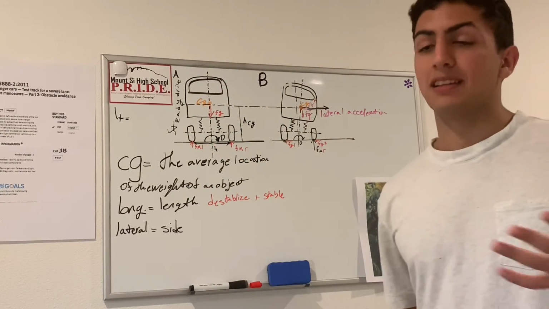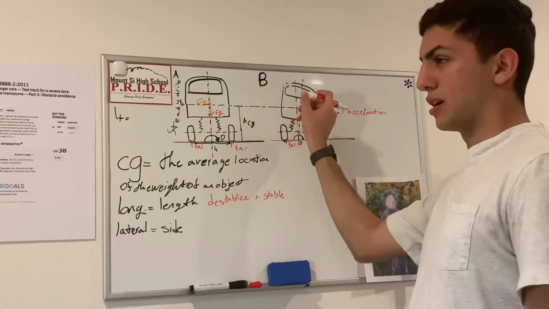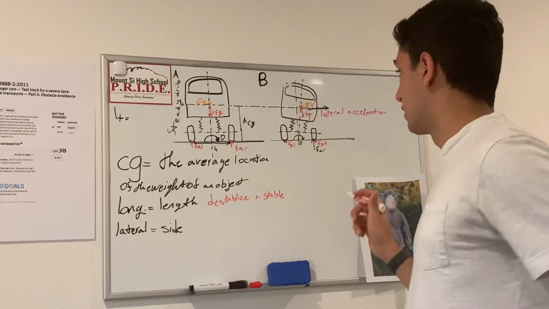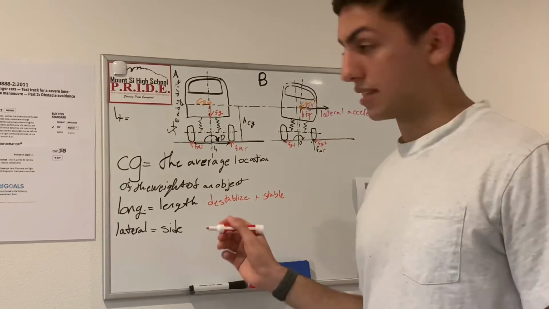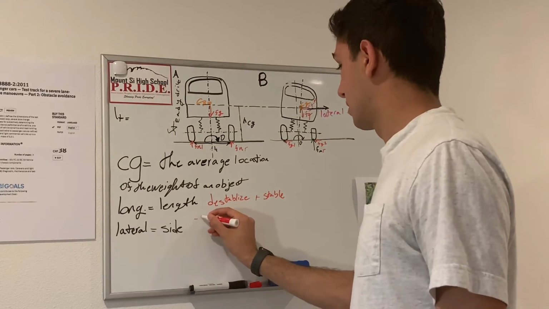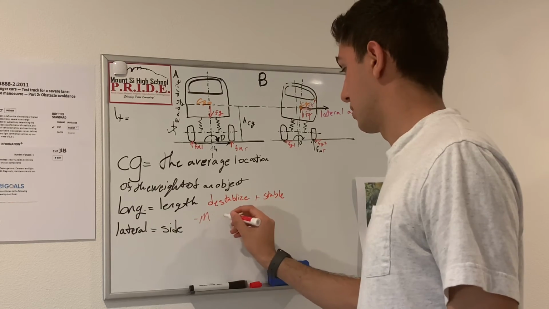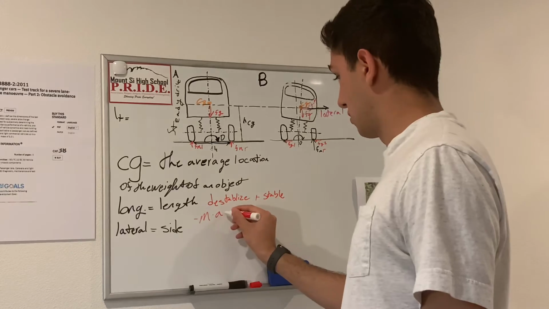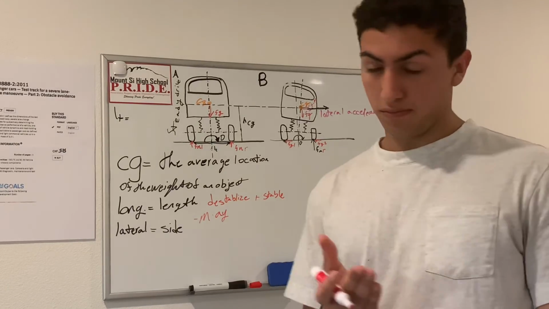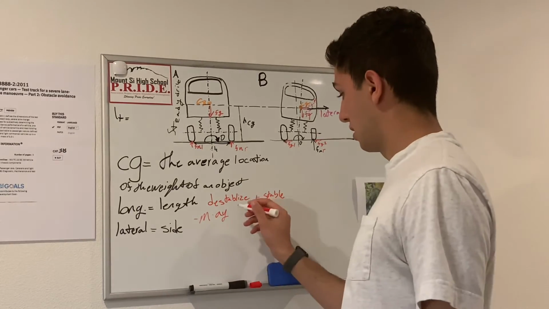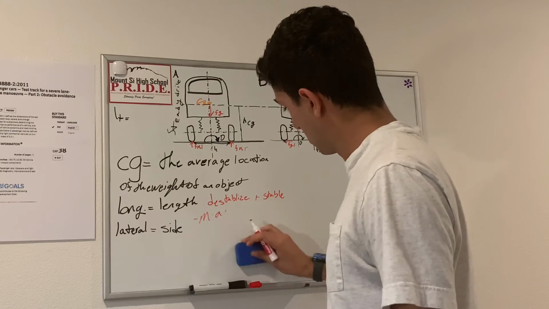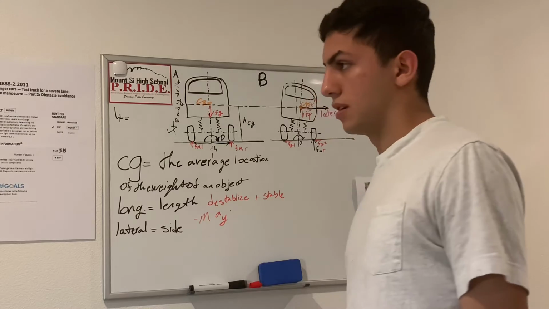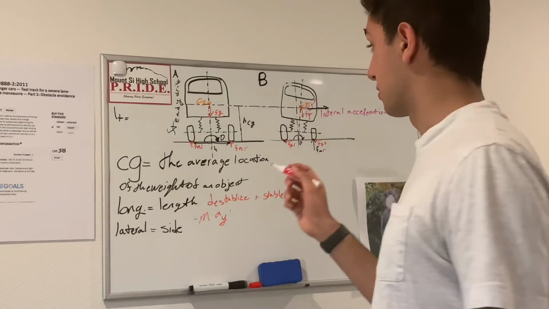In physics, at least in our class, we usually say this is positive. In this case, it would be negative. And so when putting everything together, we'll get negative M times, this is the destabilizing part, AY, which is lateral acceleration, times height of center of gravity.